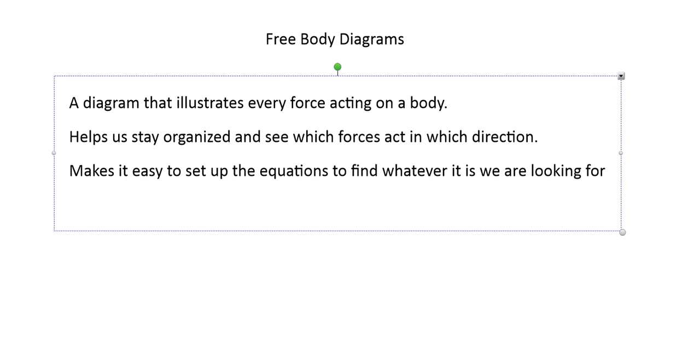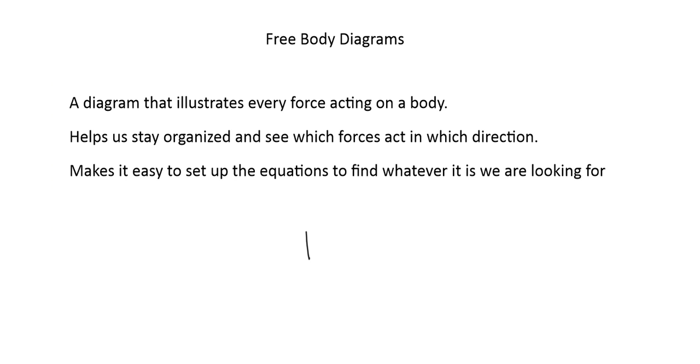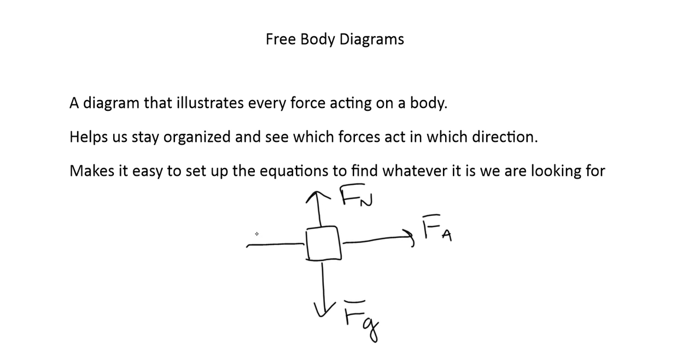So a free body diagram should end up looking like some variation of this, with some other possible forces included. We may have an applied force that's actually not horizontal.